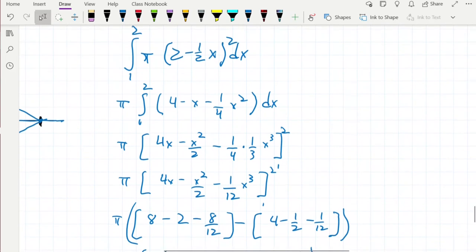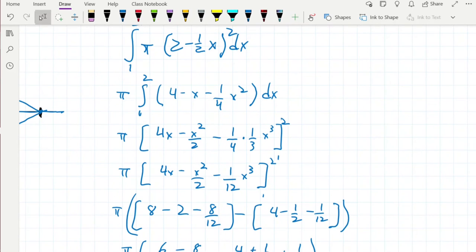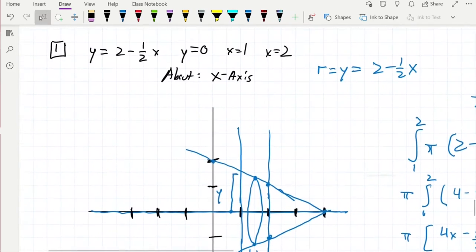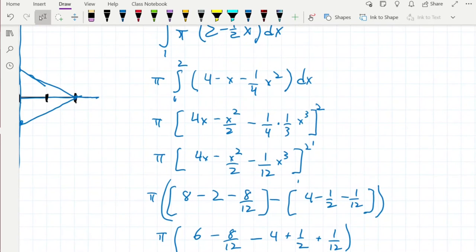Okay, I'm getting something different than what the solution got, which is why I'm taking a look for number 1.